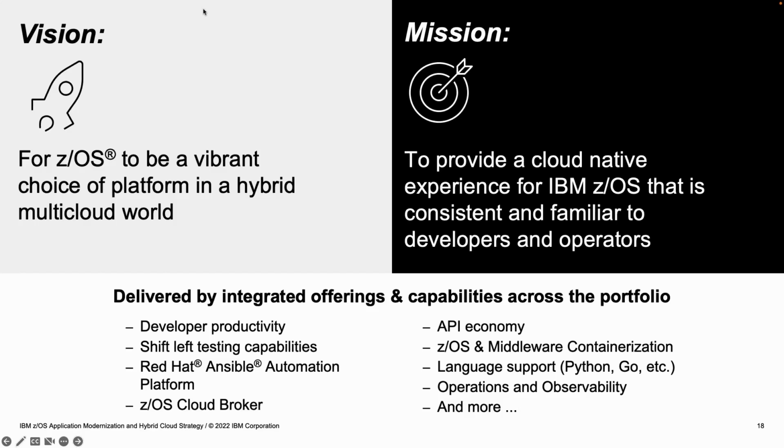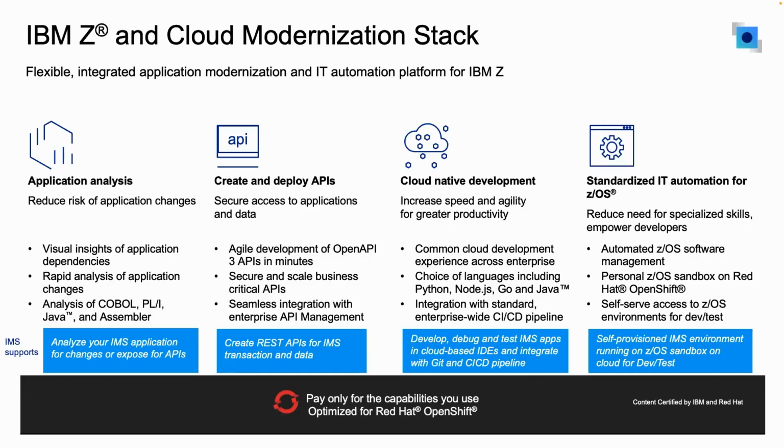Let's get into the next chart, and I will show you some of the key pieces within the cloud modernization stack, really in 4 different categories. Starting with application analysis that allows you to visually look at your application dependencies.